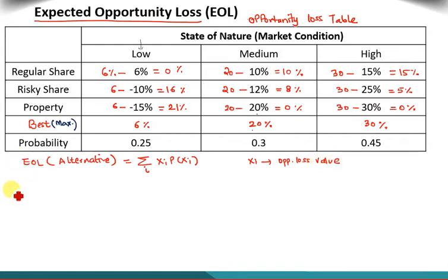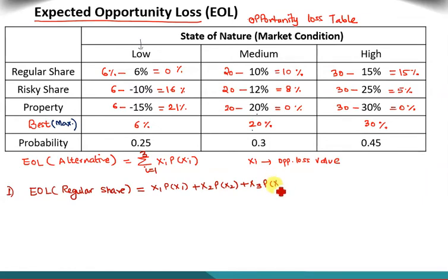So when we calculate expected opportunity loss for regular share, what is it? Now how many states of nature do we have? 3. So again i goes from 1 to 3. So we have x1 probability of x1, x2 probability of x2, plus x3 times probability of x3.